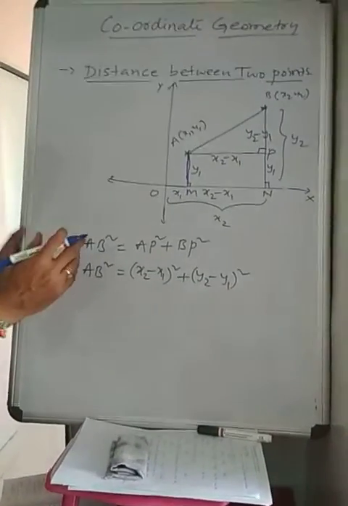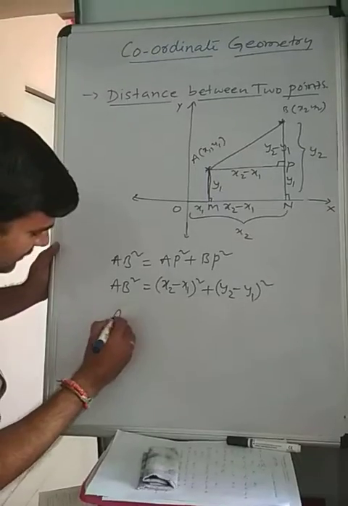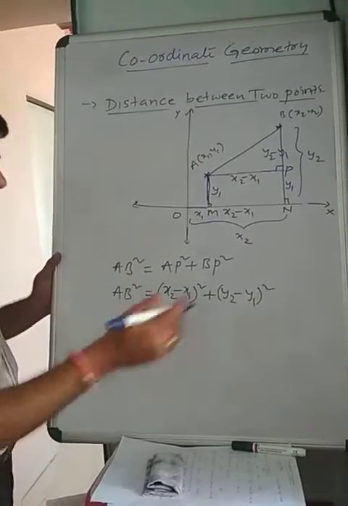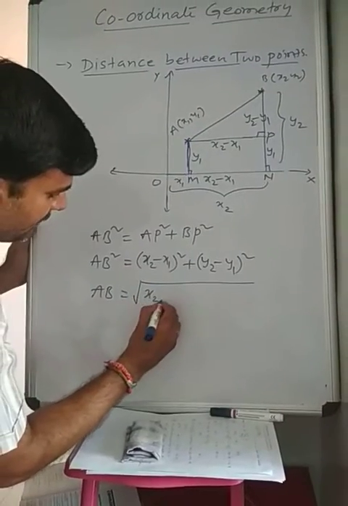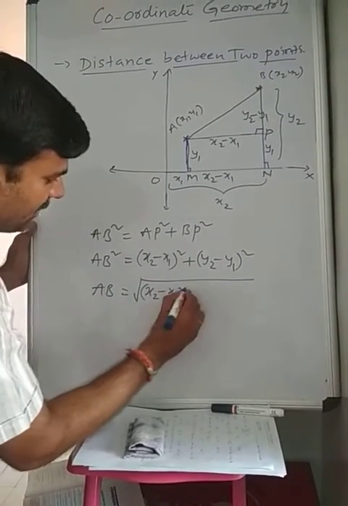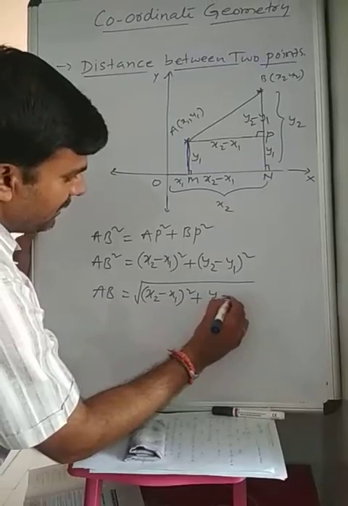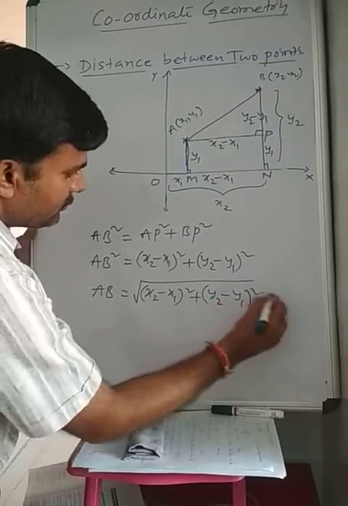We require only the length of AB. So AB is equal to the square root of (x2 minus x1) whole square plus (y2 minus y1) whole square.